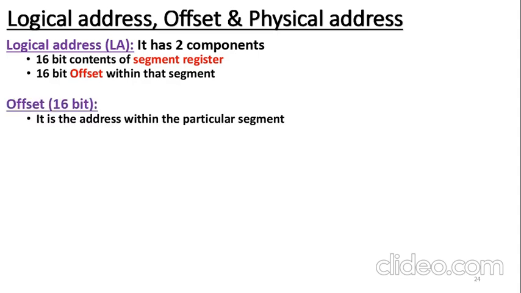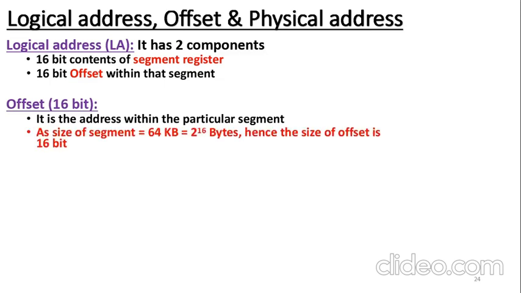Now next is known as the offset. 16 bits of offset. This terminology we have used earlier. It is the address within the particular segment. Now as the size of each segment is 64 kilobyte, that is equal to 2 raised to 16 bytes, that's why the size of the offset address is 16 bit.